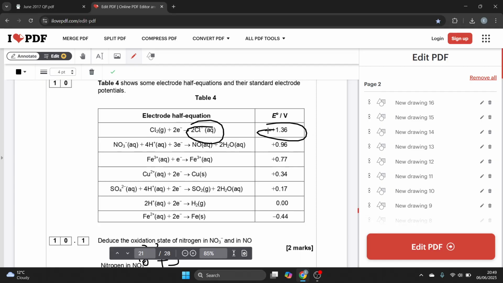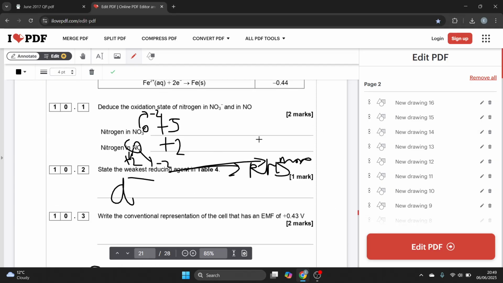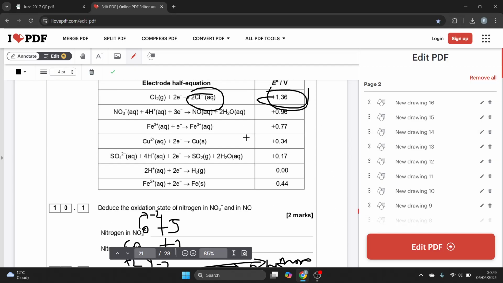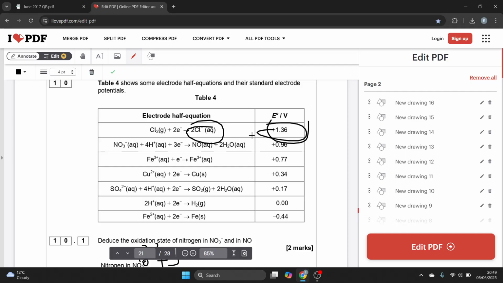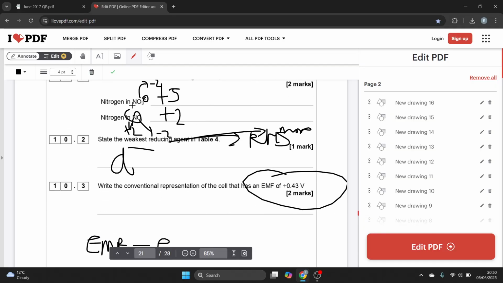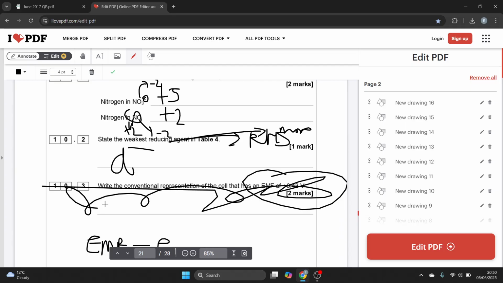I need to find 2 possible pairs of combinations that would give me 0.43. Which one would give me 0.43? Actually, this is not even on the mark scheme. I'm skipping this one. I think they got rid of this. In the mark scheme, it does not appear.